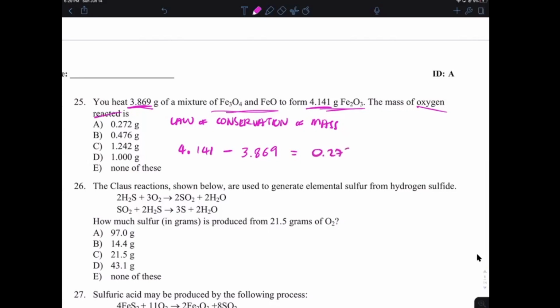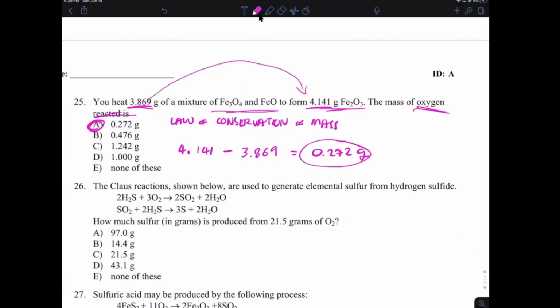0.272 grams. And so the mass of oxygen reacted is just 0.272 grams, because it's the oxygen from the atmosphere that reacts with the mixture to create Fe2O3, and that's where this jump from 3 point whatever to 4 point whatever comes from.